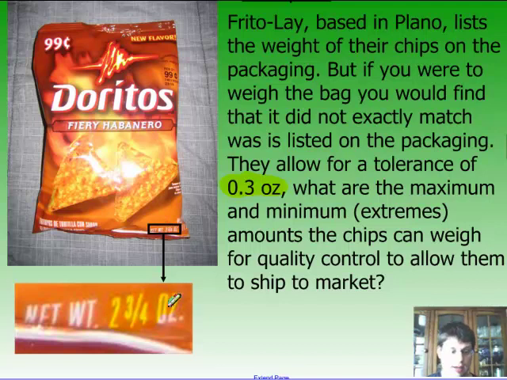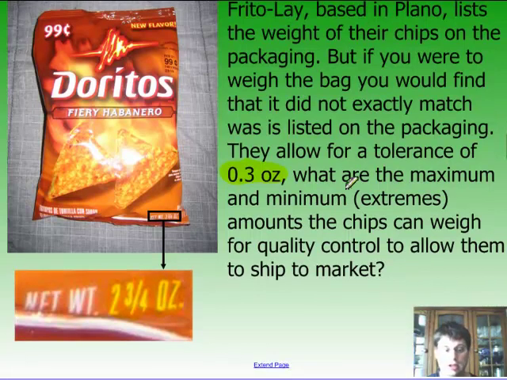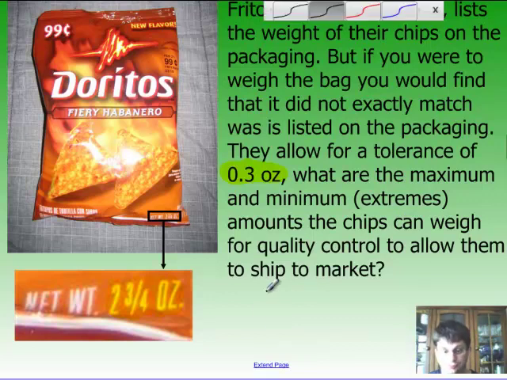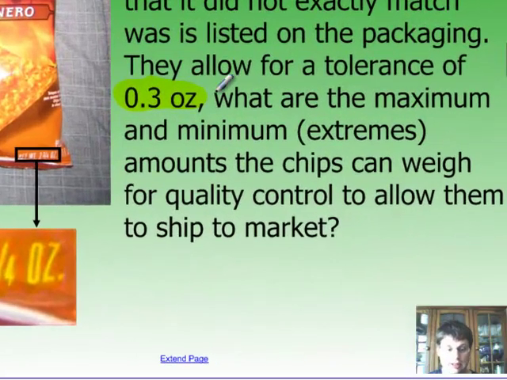And so if we look at the bag and zoom in on here, I can see that it's 2 3/4 ounces. All right, so basically we're going to go a little bit above that or a little bit below that. We have the ideal amount, and if we subtract the actual amount from the ideal amount, then we'll get the tolerance. So let's go ahead and define our variables with our let statement.